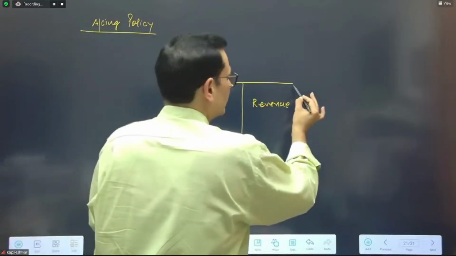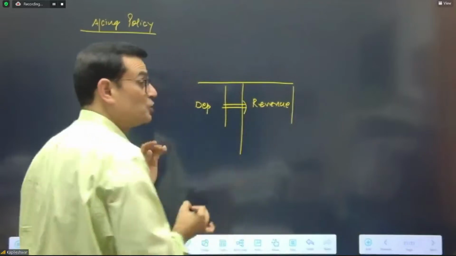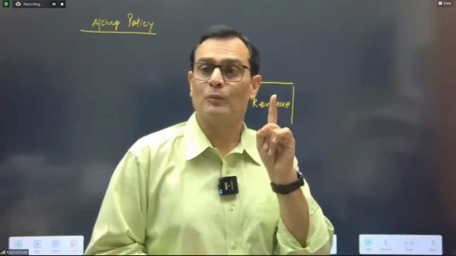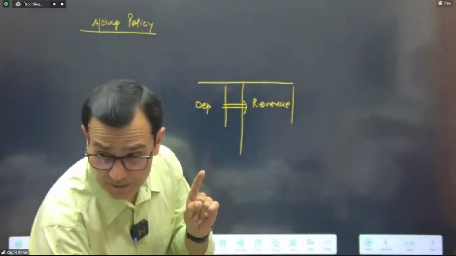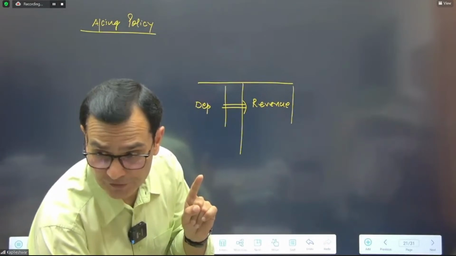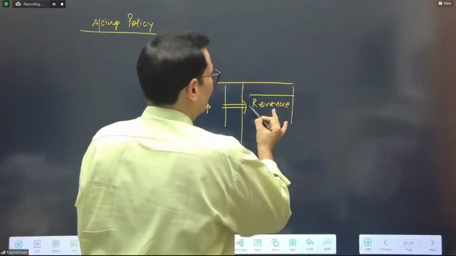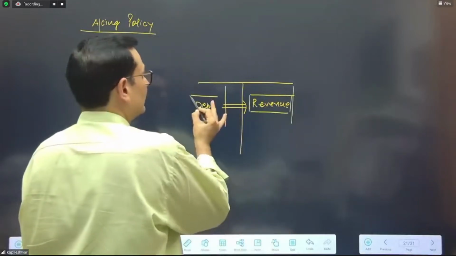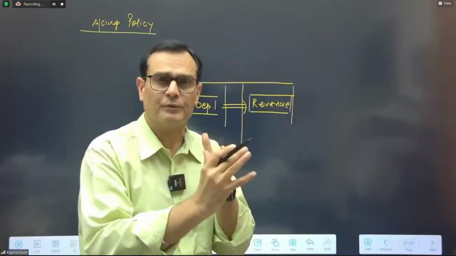You are generating revenue and you are putting a depreciation as an expense to generate that revenue. You know, when you consider the concept of cost of goods sold, this is the revenue and this is the cost of generating the revenue, that is depreciation. You need to match the cost and the revenue.